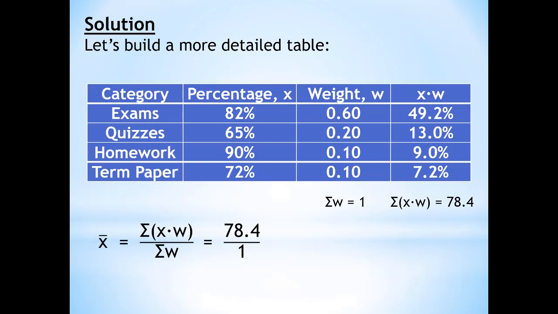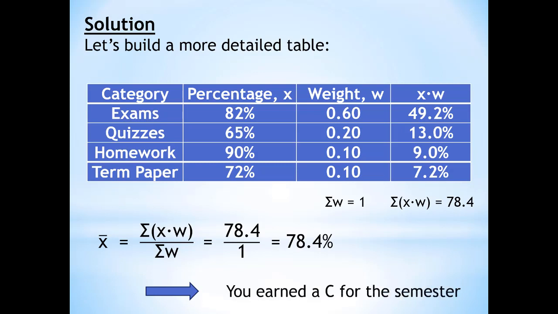And so that's 78.4%, and your overall grade at the end would be a C. That's assuming that your teacher is using the standard grading scale where 90% and above is an A, 80% to 89% is a B, and so on.